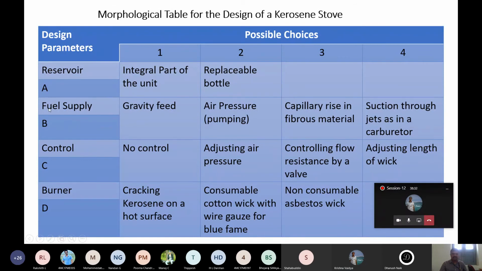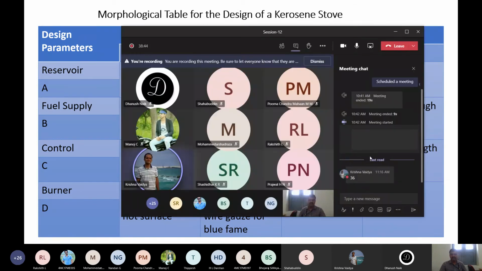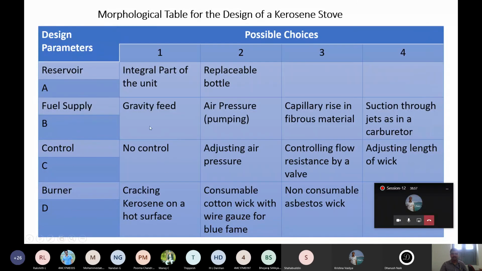Consider the example. What is the relation between fuel supply and control? Do you think these two are dependent or independent? You can start typing your answer. Fuel supply and control, whether they are dependent parameters or independent parameters. You can check. Look at the solution possible choices and find out whether these two are dependent or independent.